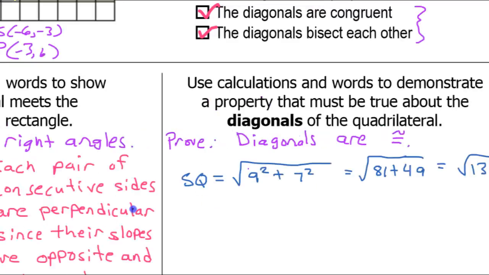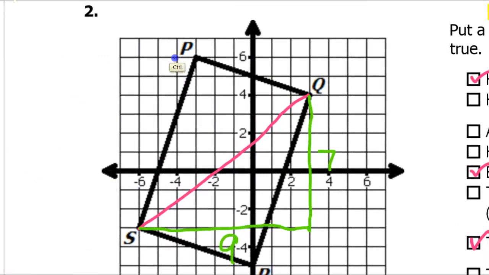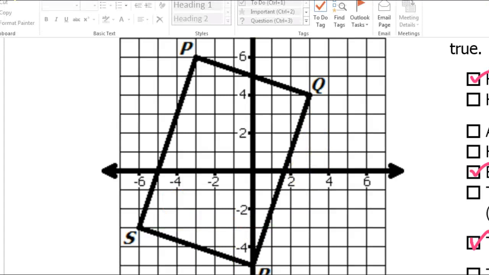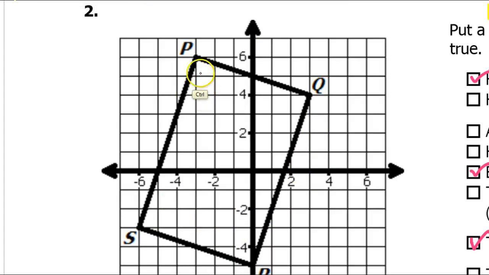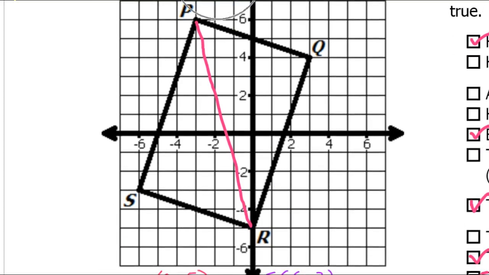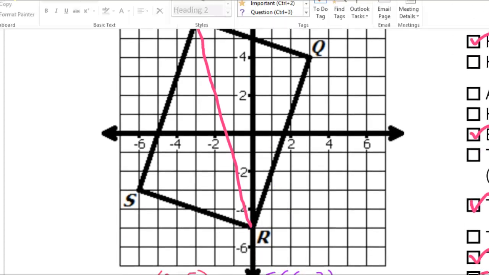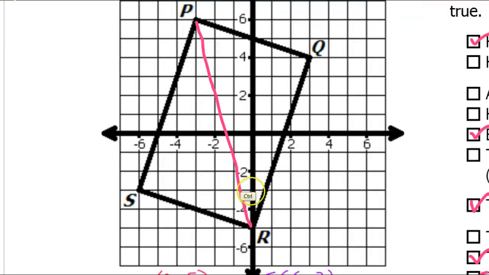Let's look at the other diagonal. I feel like I should erase this to make space. So we did SQ. The other diagonal is PR. So here's the other diagonal. Let's turn this into a right triangle that has PR as the hypotenuse.